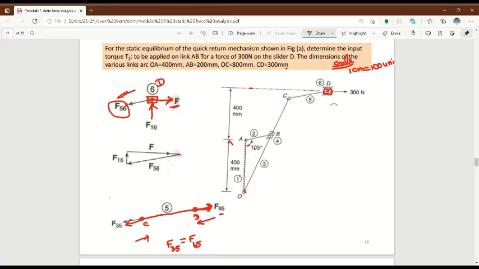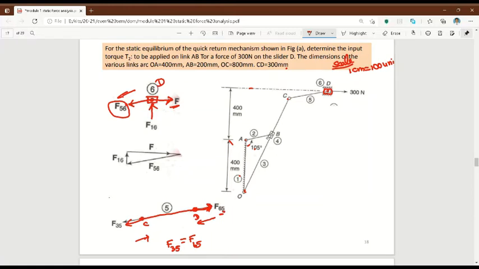So I have to draw that force here, parallel to F65. I am giving the name F56. Why 56? Because the link on which the force is acting should be given second, and the other link should be given first. Here I have written 65 because the force is acting on link 5, in second position.